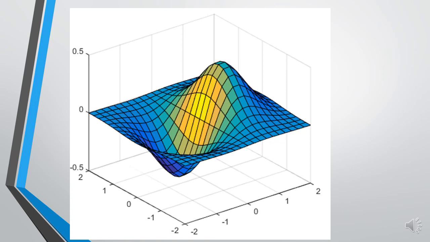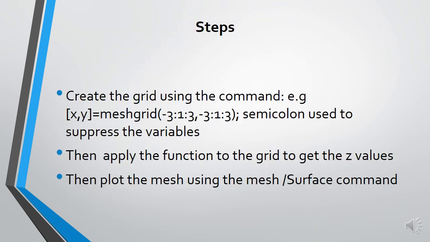You will then get such kind of graphs, which are surface plots. These are the steps involved in creating 3D graphs. You create the possible values. In this case, because we've got two independent variables, x and y, we use the syntax shown on the screen as is. Like I mentioned before, syntax is supposed to be obeyed as is.